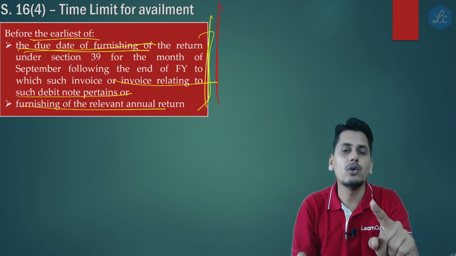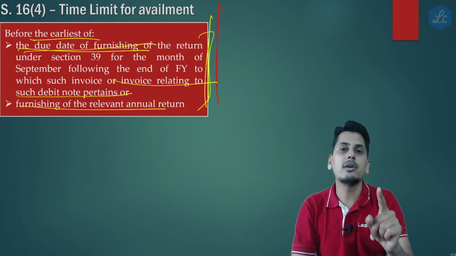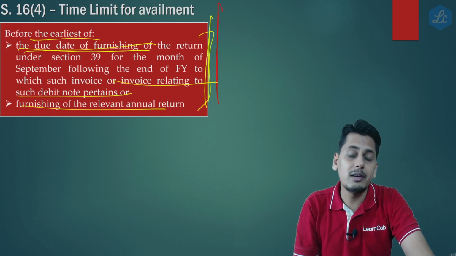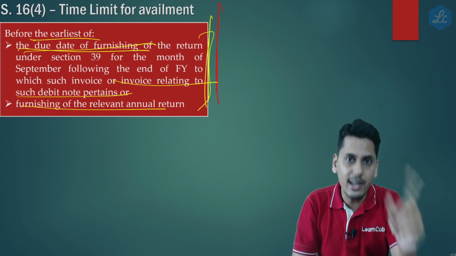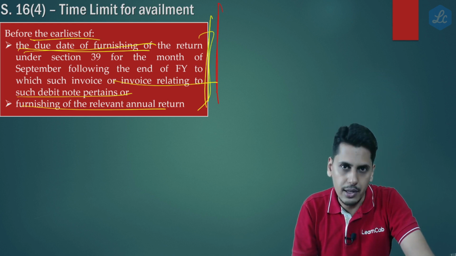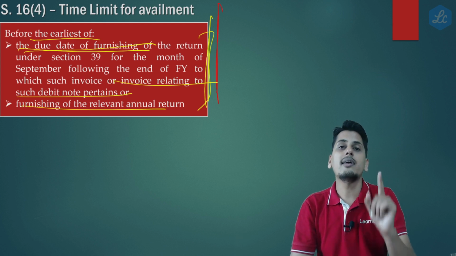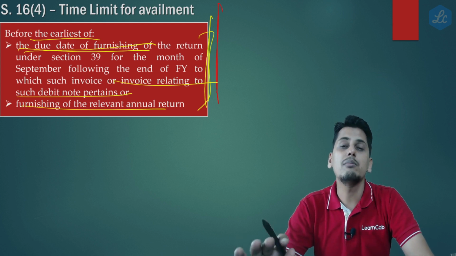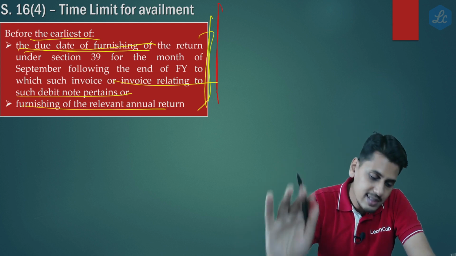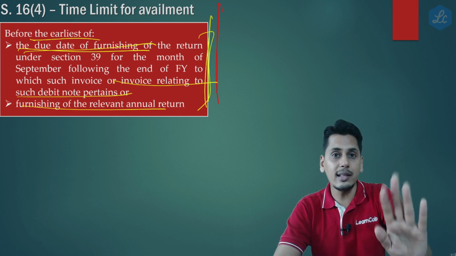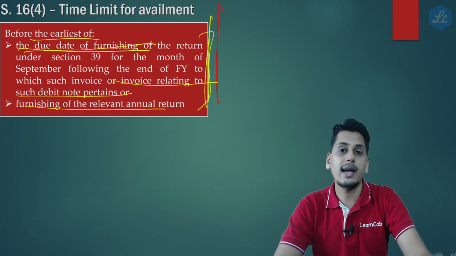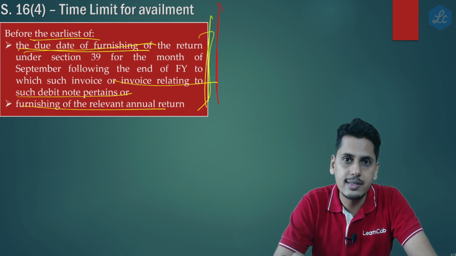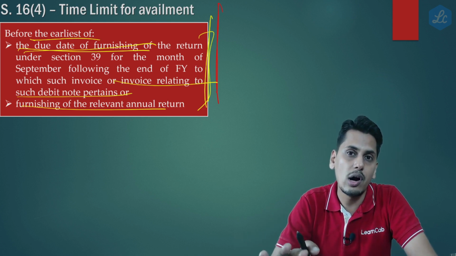Even for debit note, the time limit for availing credit based on the strength of debit note was linked to the date of invoice and not to the date of debit note. A debit note did not have any independent time limit of its own. The last date for availment of input tax credit on the strength of the debit note was the last date of availing input tax credit based on the date of invoice and not based on the date of debit note.